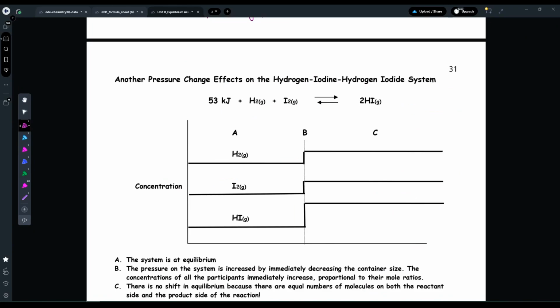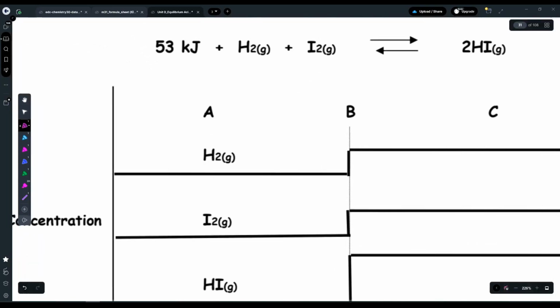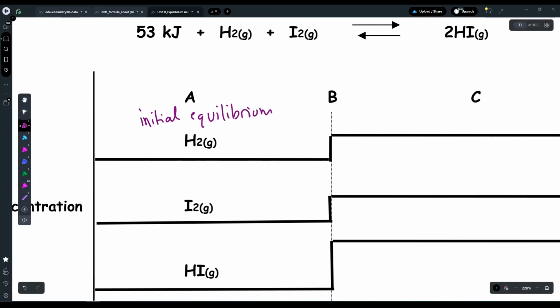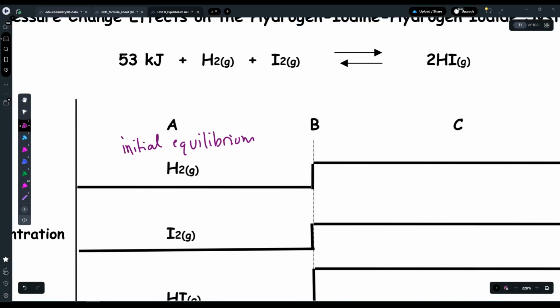So we've got another pressure change effect on the hydrogen iodide system. All right, so we're starting off with our initial equilibrium. But then we have a stress added. So they all go up, so that tells us pressure increased.